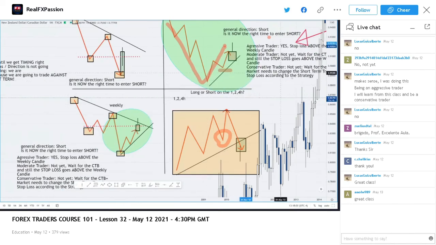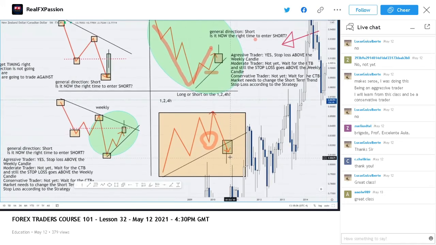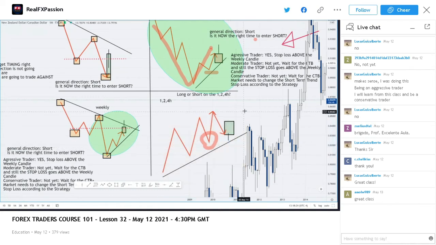Maybe yes, maybe no, right? What do you think? So the 1 hour, 2 hour, 4 hour chart was positioned like this, right? We were making an up retracement, and this was the bullish candle, like in here. Okay.